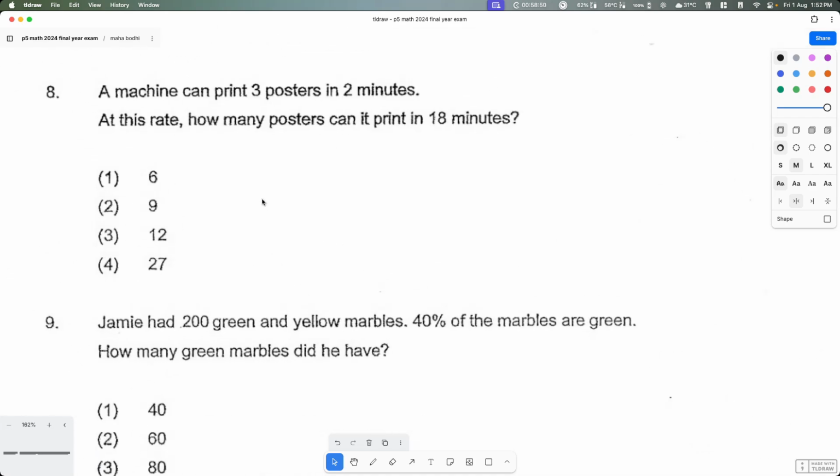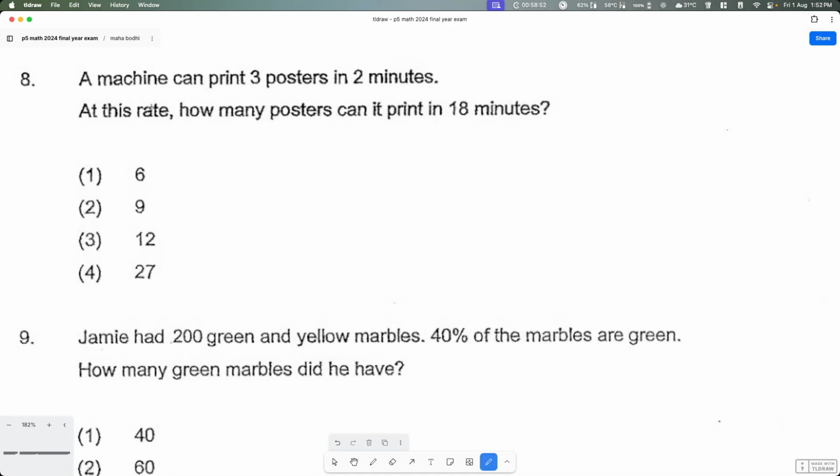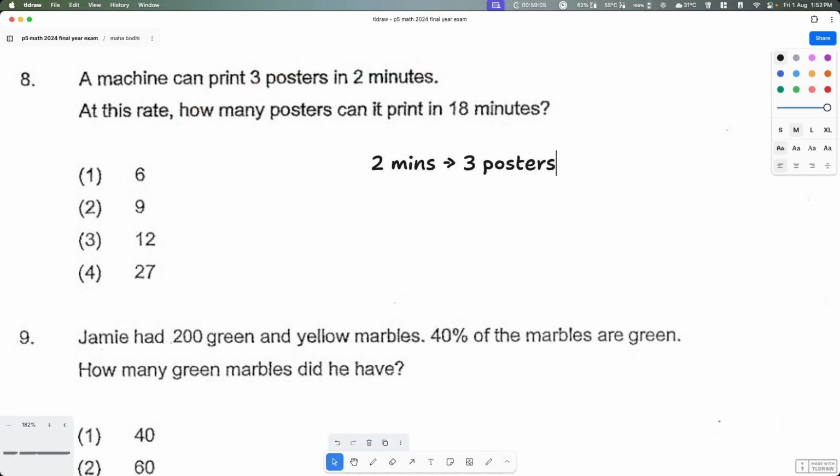Question number 8. It says here a machine can print 3 posters in 2 minutes. At this rate, how many posters can it print in 18 minutes? So 2 minutes will print 3 posters. In 1 minute, how many posters will it print? You divide by 2, so 3 divided by 2 posters.